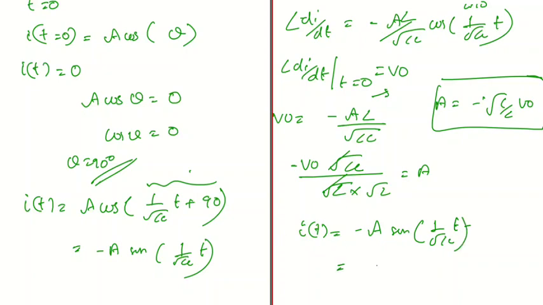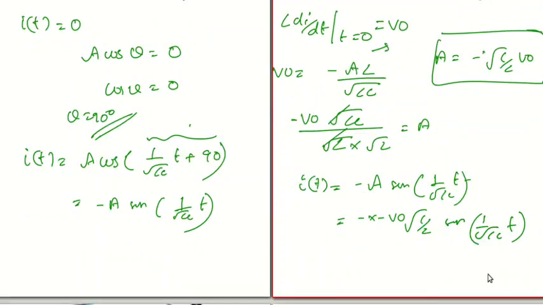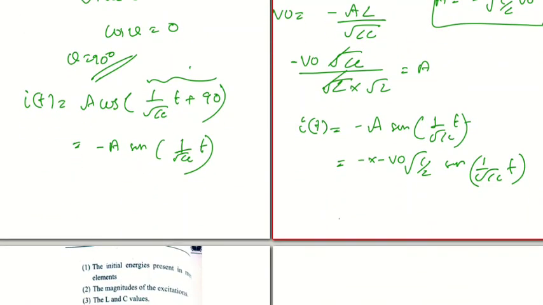So instead of A we are going to write minus into minus V0 into root C by L into sine 1 divided by root LCt. From here we get I of t equal to V0 into root C by L sine 1 divided by root LCt.